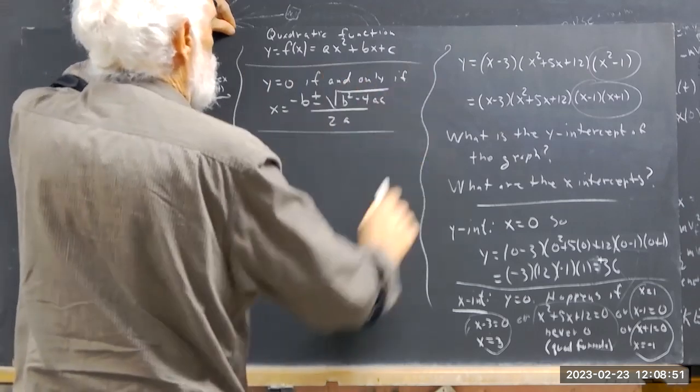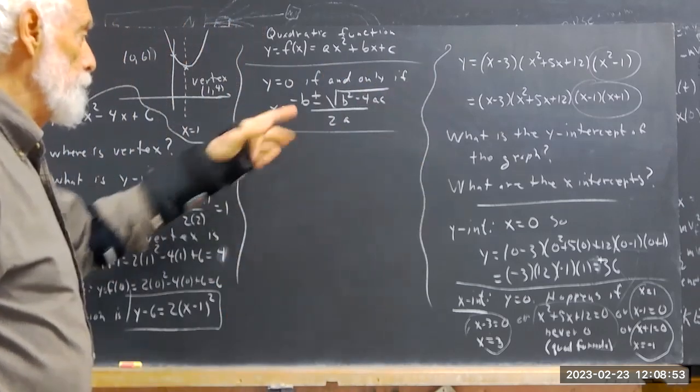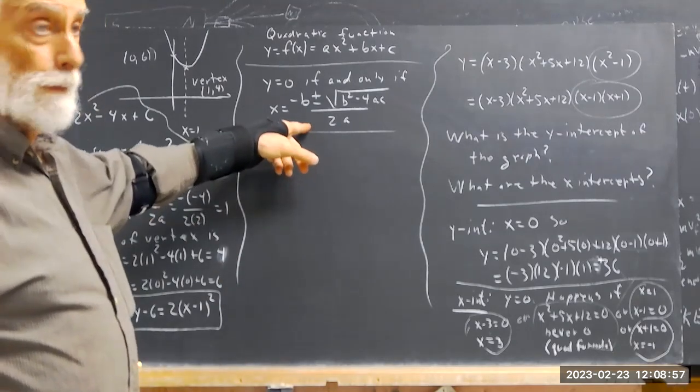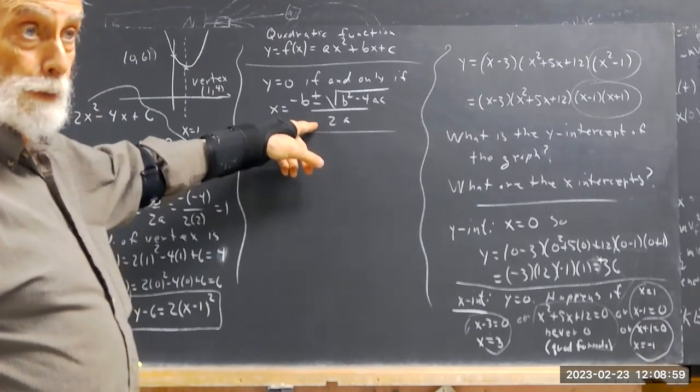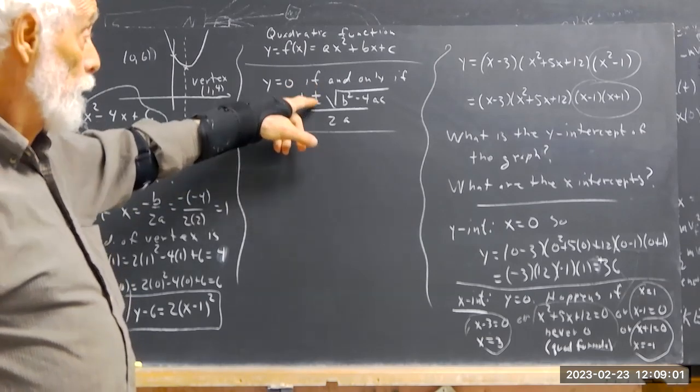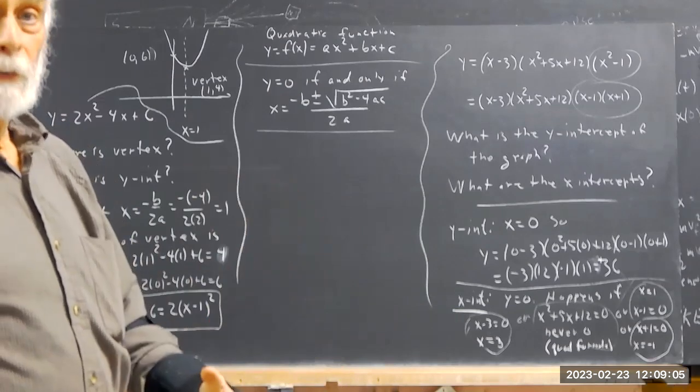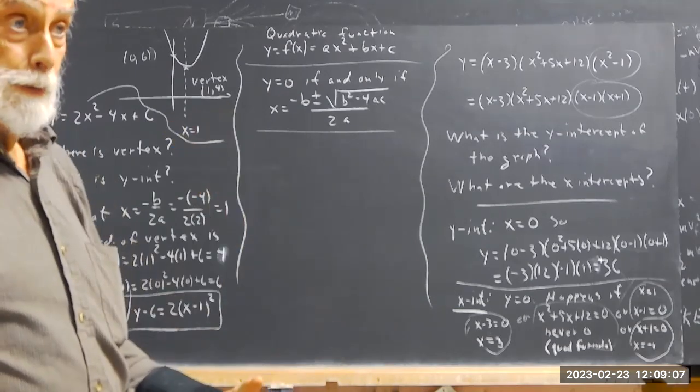First thing maybe you want to understand about a quadratic function: it equals 0 if and only if x is one of the two values you get from this. You get one value for the plus, one value for the minus. This is the quadratic formula. Everybody's seen it. Everybody should know how to use it.